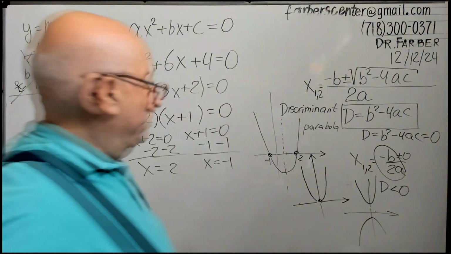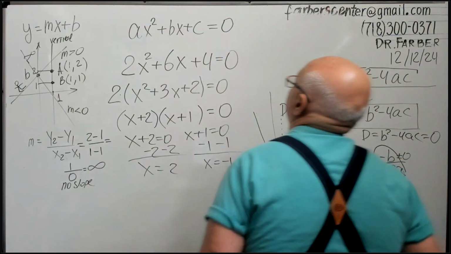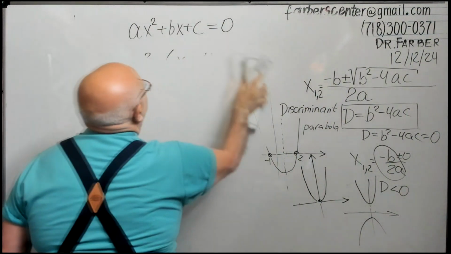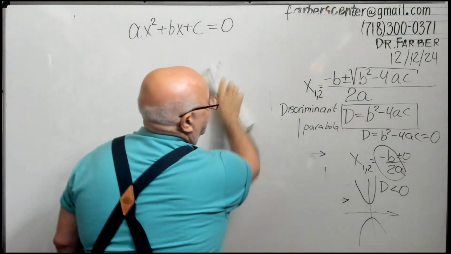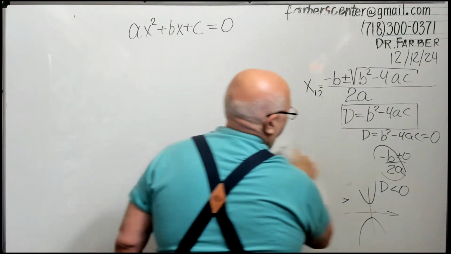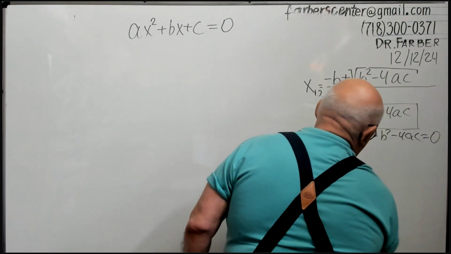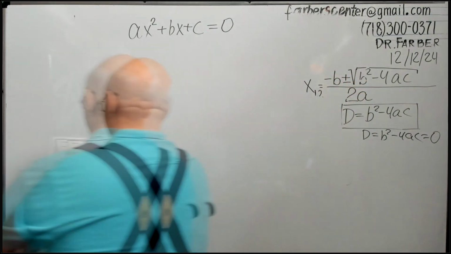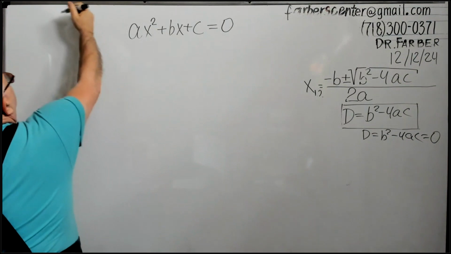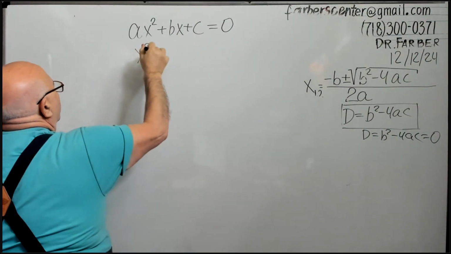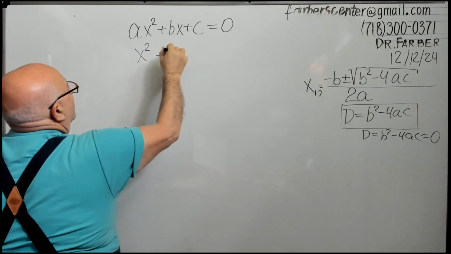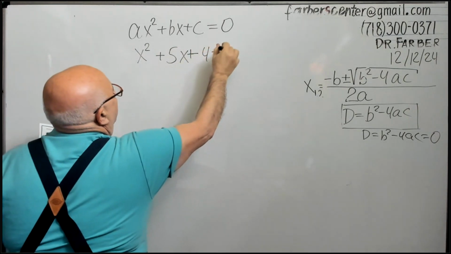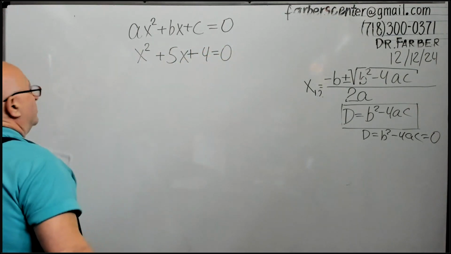Okay, let's do this one. The first page, first question. x squared plus 5x plus 4 equals 0. Okay.